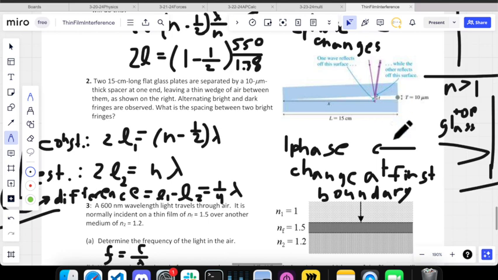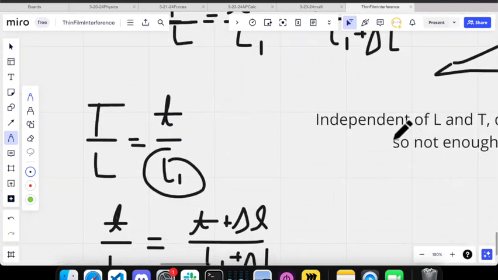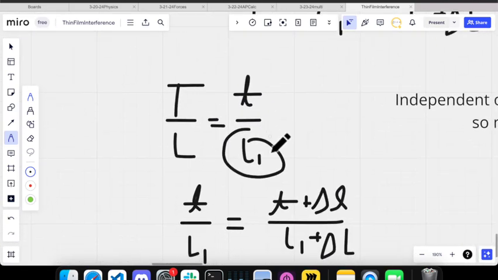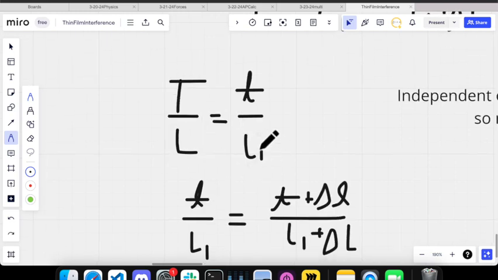Okay, well, so we pick some t, right? So these are known. So the t can become known, and then the L1 can become known. So this would all become known.